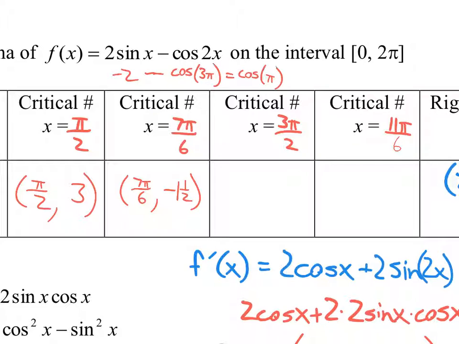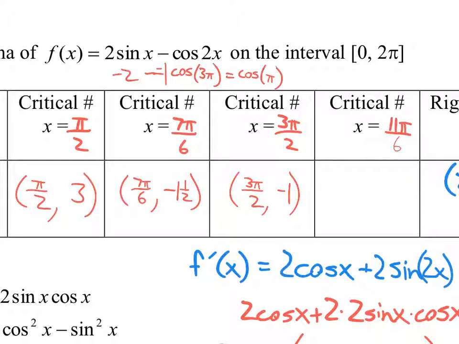So it's negative 2 minus a negative 1. Well, it'd be plus 1, so that takes us to negative 1 there. At 3 pi over 2, negative 1.